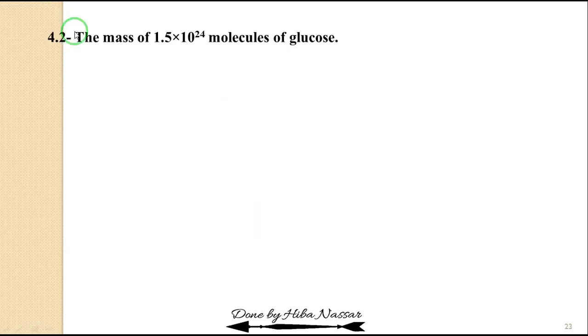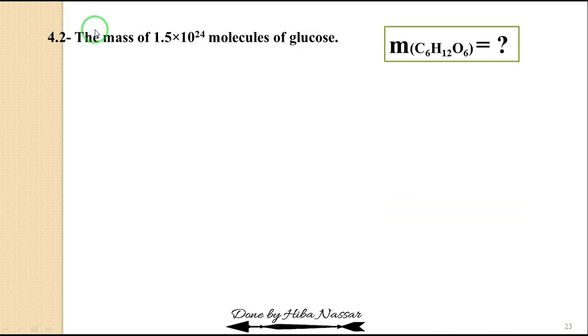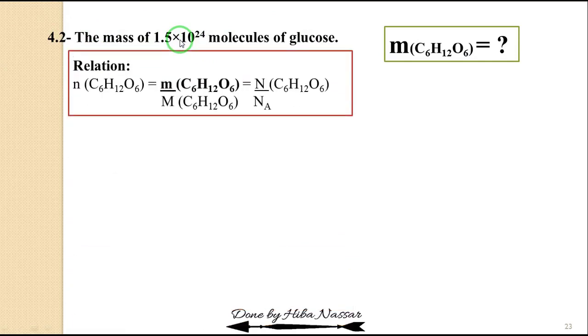Now question 4.2. Determine the mass of 1.5 times 10 to the power 24 molecules of glucose. So I need to calculate small letter m, and you have capital letter N, which is the number of molecules. So here I'm going to use the relation directly, where the mass of glucose over the molar mass is equal to the number of molecules, which is given, over the Avogadro's number.